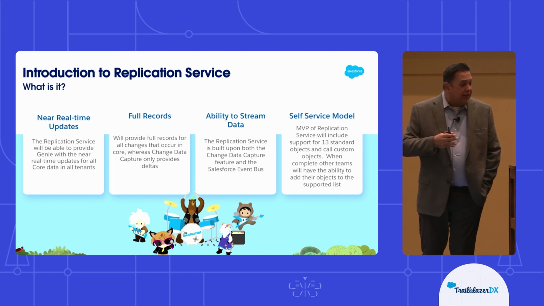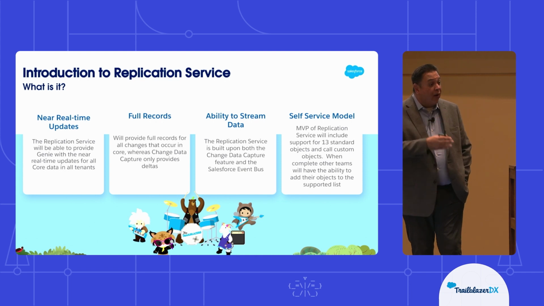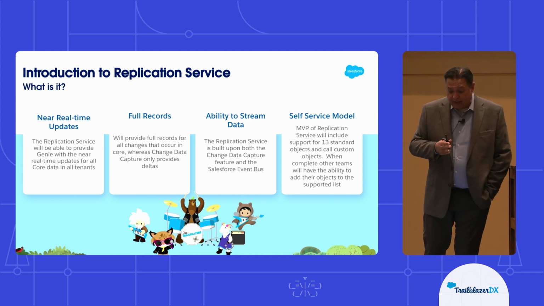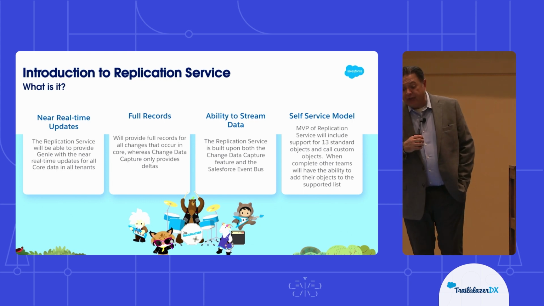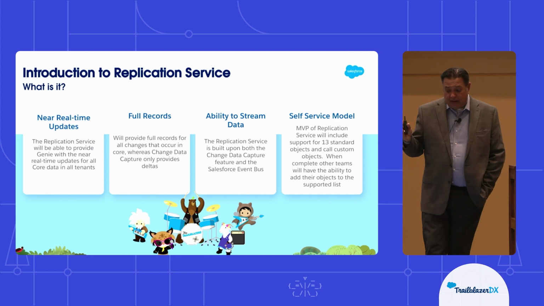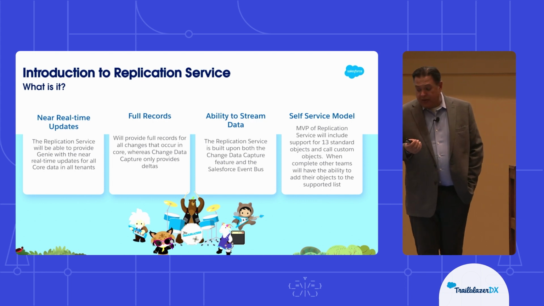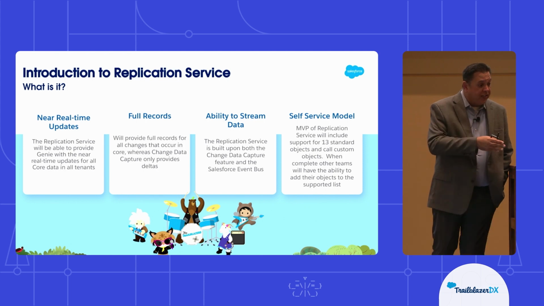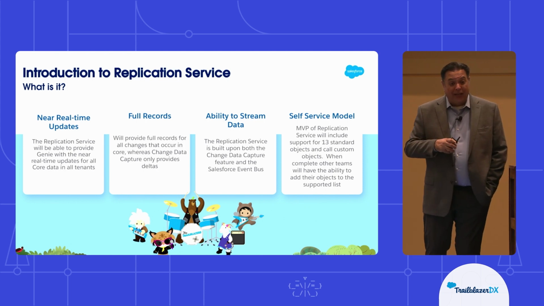But I have customers that are saying, I'd love to get an event that has before and after, or the entire record, not just the fields that have changed. And that's what this replication service will do. It'll give you near real-time updates, but it'll give you the entire record. You'll have the ability to stream the data, and it's a self-service model. So you can decide which objects you want CDC on, which objects you want replication service on.